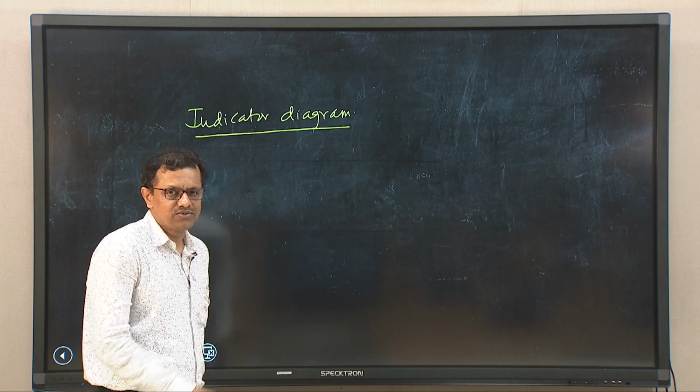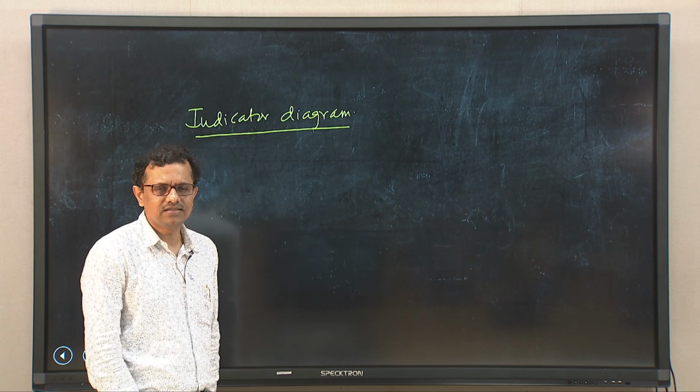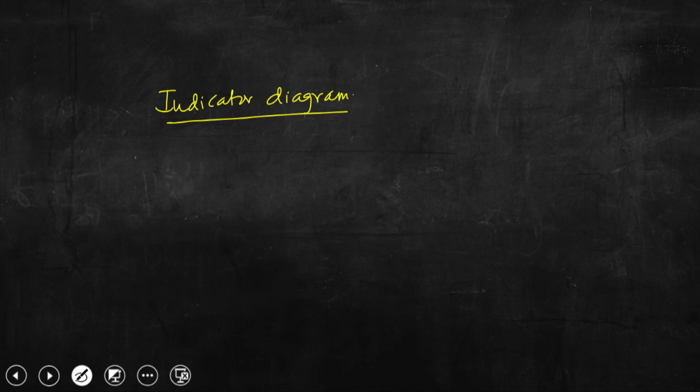So, let us discuss the indicator diagram that we discussed in the previous slide. The indicator diagram can be obtained using the mechanical system or indicator device. Now, using this indicator diagram, what do we need to know? We need to know the area, or indicator area. Okay. So, area of the diagram.